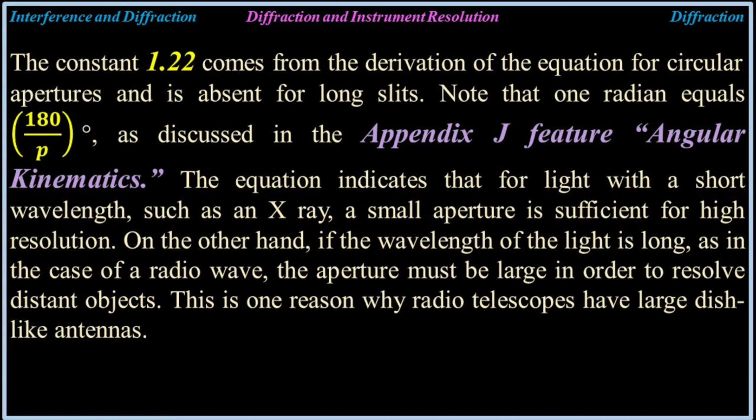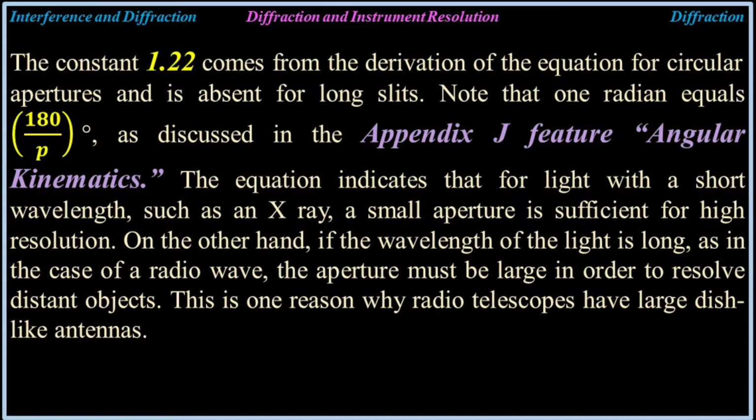The equation indicates that for light with a short wavelength, such as an X-ray, a small aperture is sufficient for high resolution. On the other hand, if the wavelength of the light is long, as in the case of a radio wave, the aperture must be large in order to resolve distant objects.